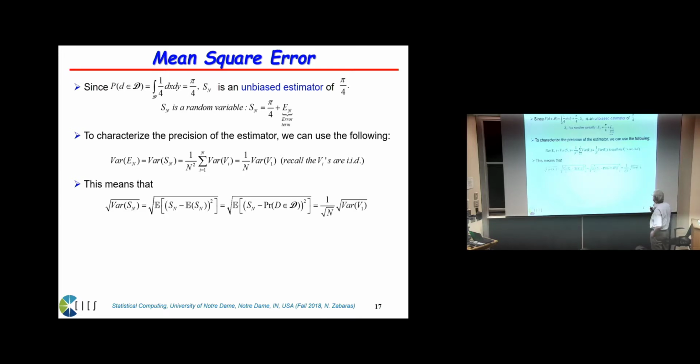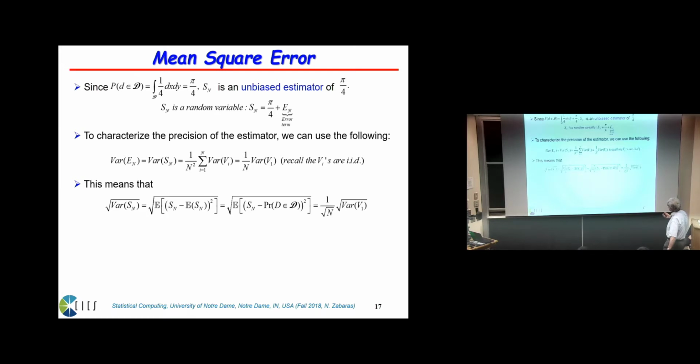So the mean square error is the square root of the actual variance divided by square root of n. So basically, what we have shown here, for at least a simple experiment, is that the error, this mean square error, varies as 1 over square root of n. This is the most fundamental aspect of Monte Carlo methods, that the mean square error varies as 1 over square root of n.